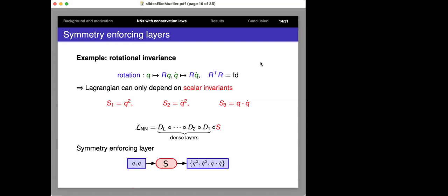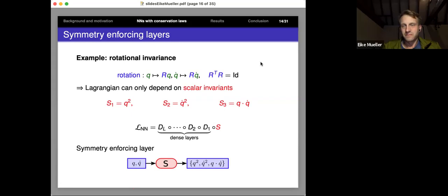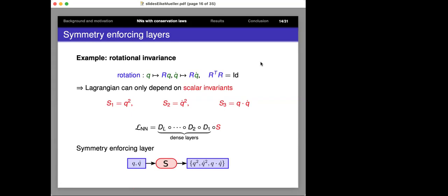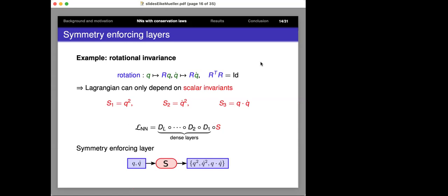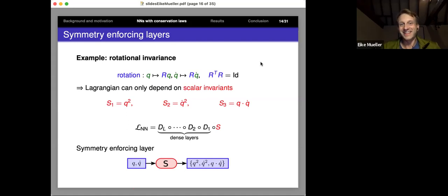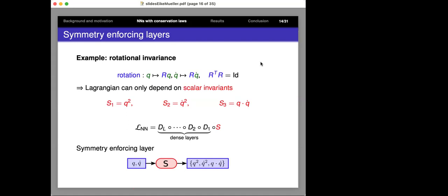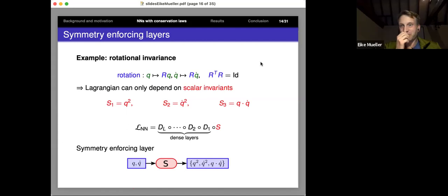Because you don't actually enforce the symmetry in the symmetry layer. Like Nat said, you do feature engineering, with very well chosen features, because these are scalar invariants. But by construction, my Lagrangian will be invariant under these symmetry transformations. Right, that's what I want to see. Yeah, and that's what I checked. Very valid point, because that was one of the first things I checked in my code. If it violates that, then there's a bug.